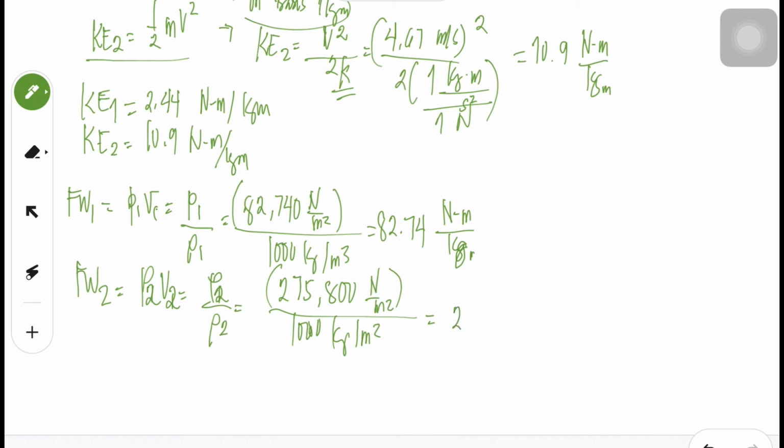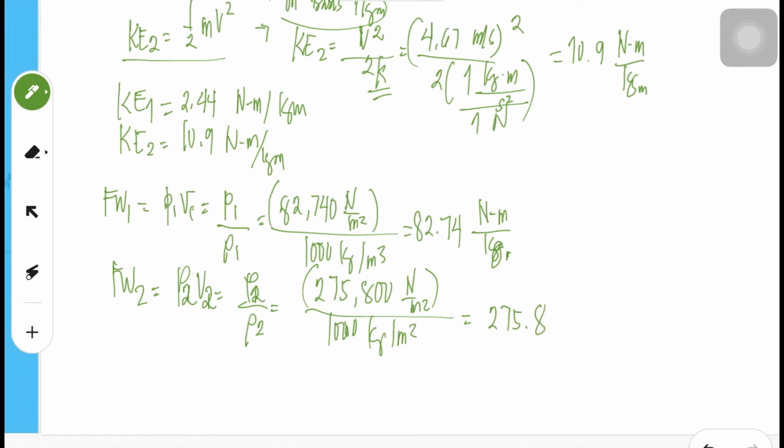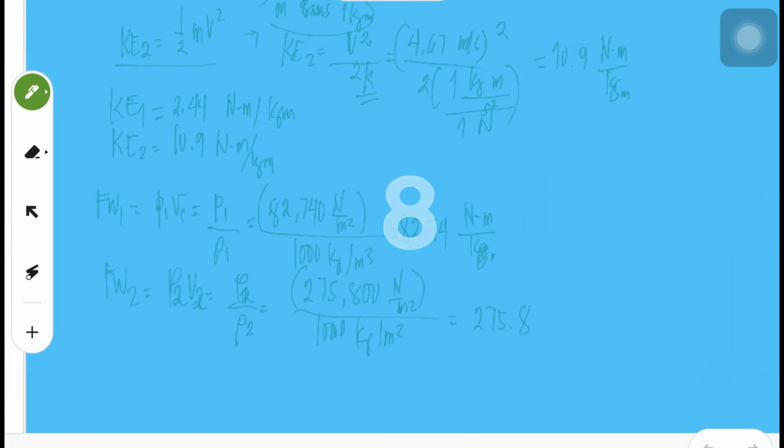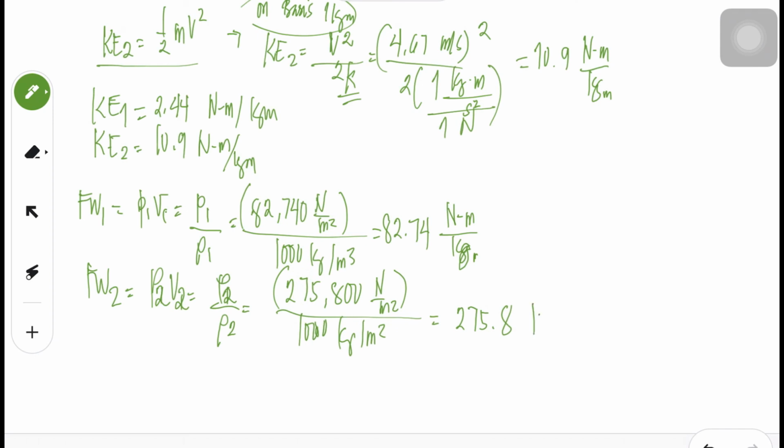So we have now 275.8, diba class? 0.8 Newton meter per kilogram.